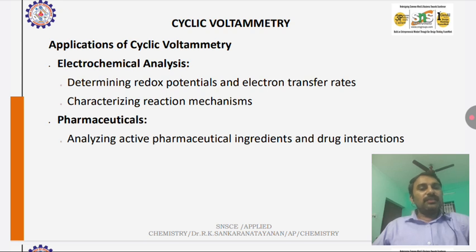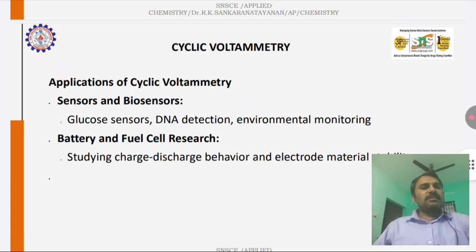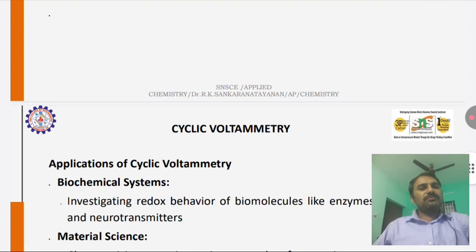That is a major application in all fields. Sensors and biosensors involve the same concept, such as glucose sensors, environmental analytical tools and monitoring, and DNA detection. We can also reach conclusions about charge-discharge behavior of materials, whether electrode materials or others.